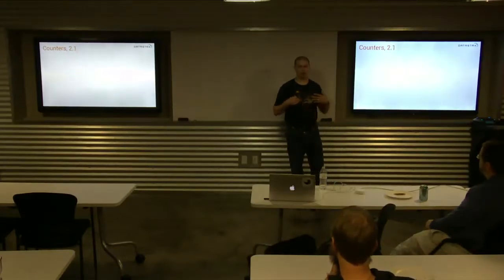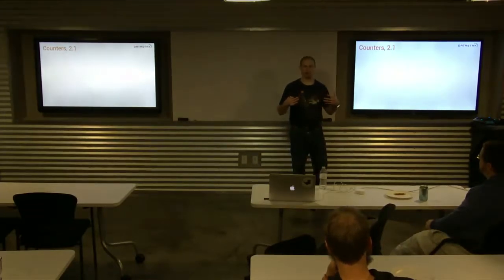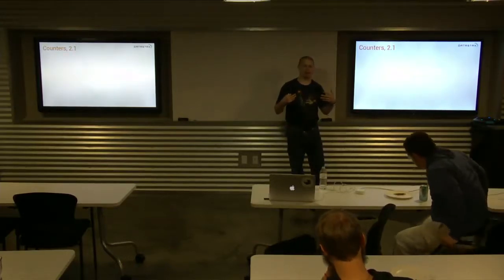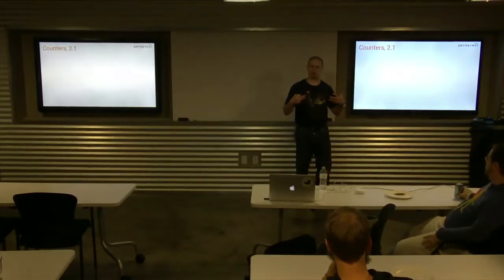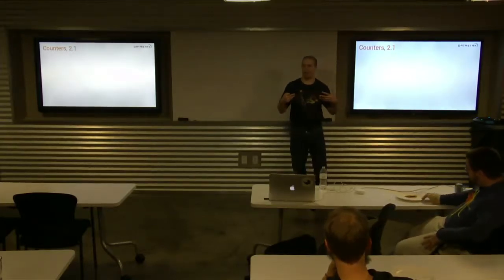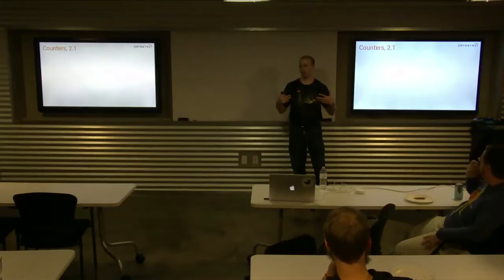So for 2.1, we said, okay, there's no way around it. We're going to have to check the existing counter value on an update so that we can write the entire merged counter value to the commit log and not have this corruption problem, because corruption is worse than slow performance.